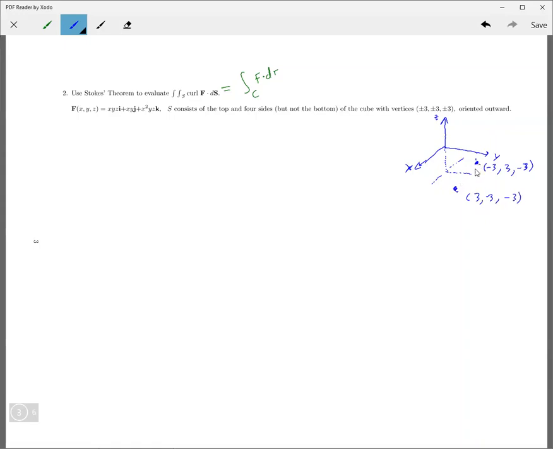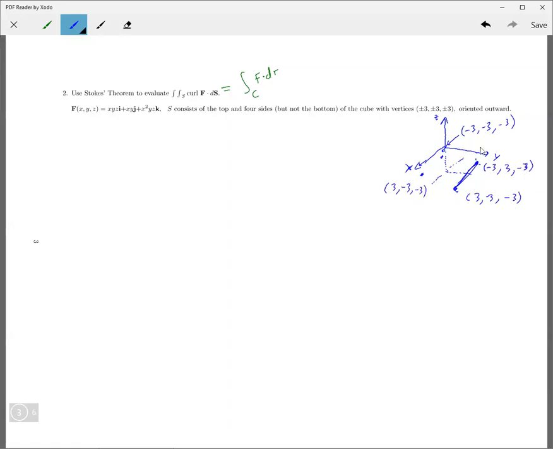Okay, so this is one part of the bottom of the cube. And then you'll have another one over here and another one over here. This vertex here would be that one down there. Here, Y is also negative, so all of them are negative. And this one, the X is positive, but the Y is negative.